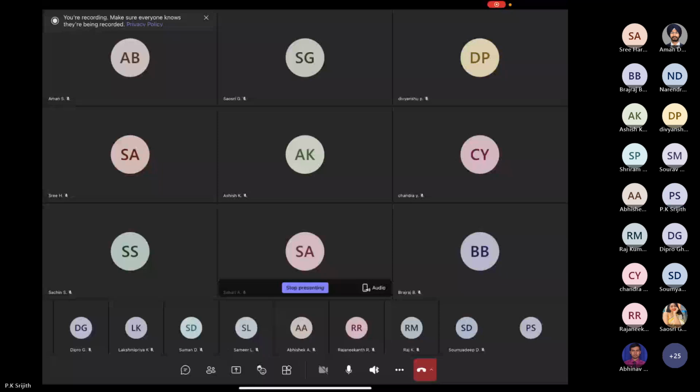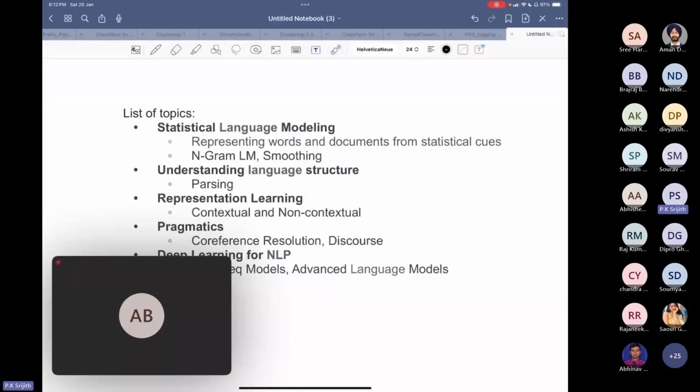So for the course, this is a brief overview of the topics that will be covered. Broadly, we cover some statistical approaches to NLP, as well as deep learning based approaches to NLP, covering different problems in the NLP domain.